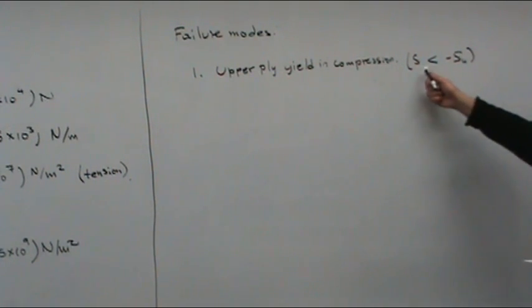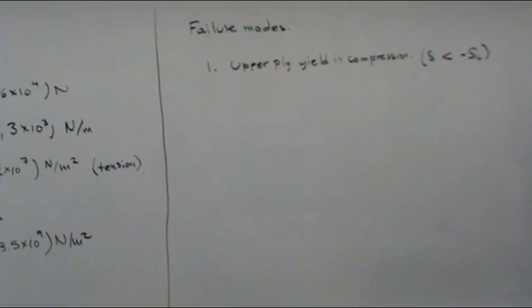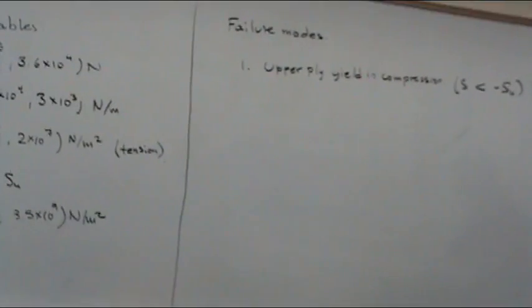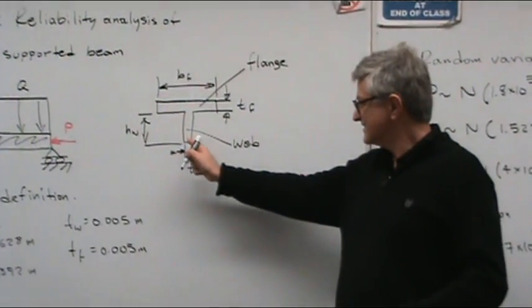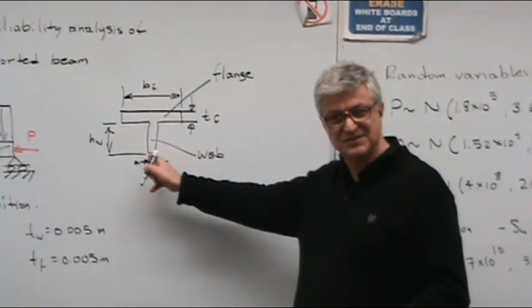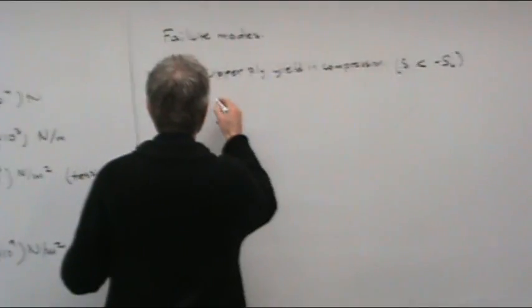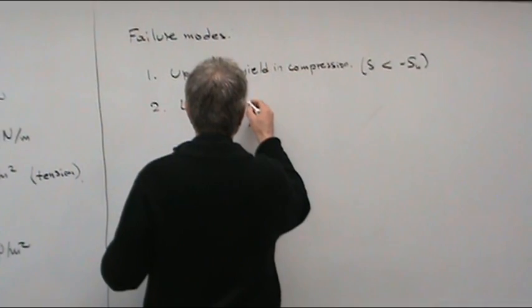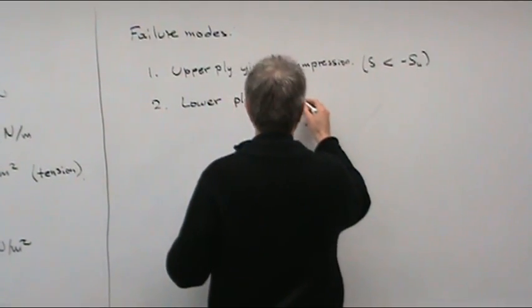So if you have a number that is even less than this negative number, you have failure in compression of the flange. Okay? Now the second one is that the bottom here will fail in tension. Okay? So that's another mode. Lower line here, in tension.